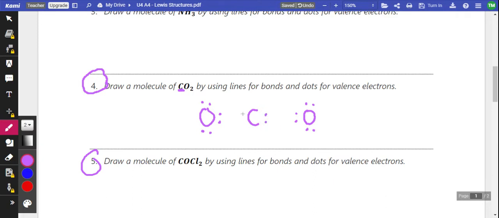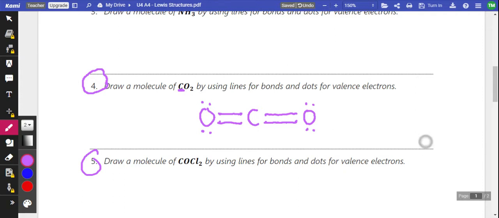Get 2 here, get 2 here, line those up for a double bond, and then connect them together. So that looks much better. Okay, so this is our molecule of CO2. C is the odd one out, it stands in the center, and it double bonds to each oxygen to get everything to an octet, to get everything more stable.